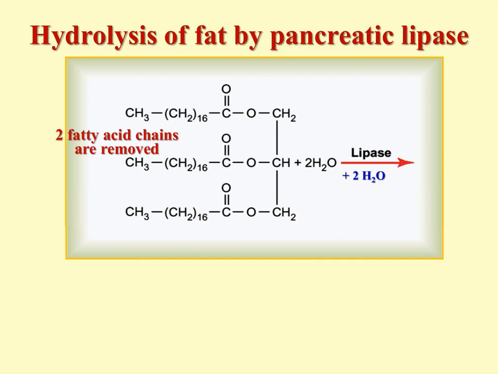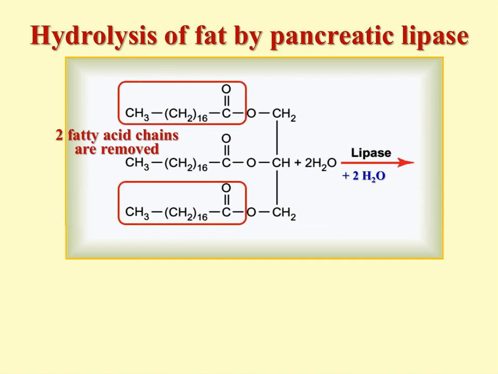And look, two fatty acid chains are removed, these two, the first position and the third position, and only the middle one remains in place, so a monoglyceride will be formed.